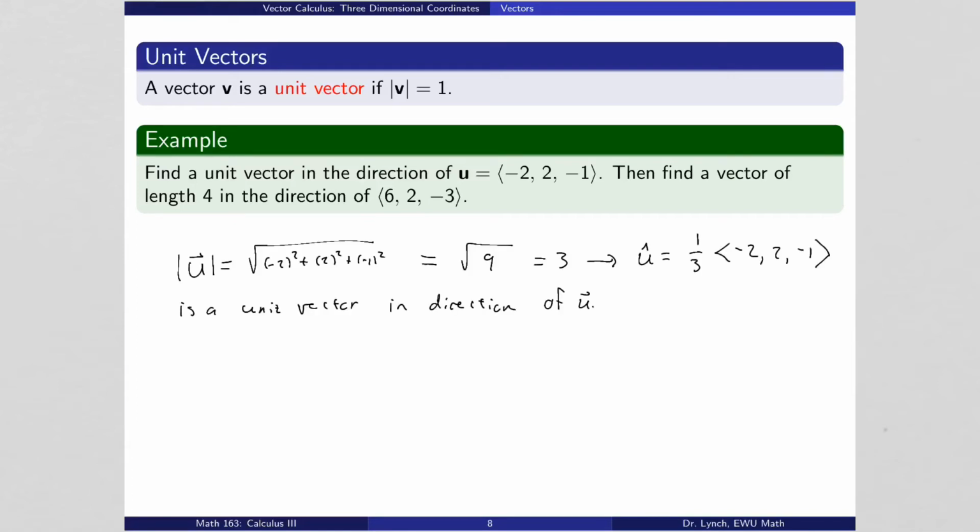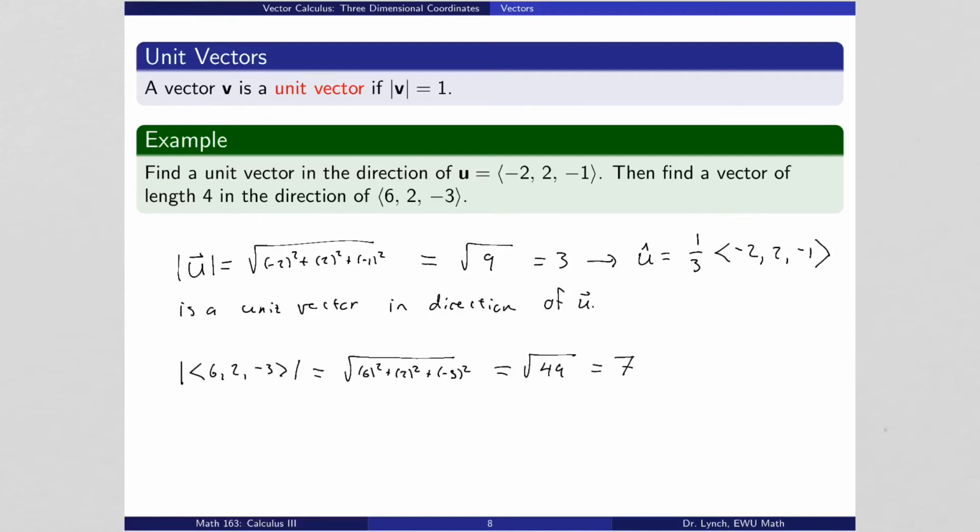So we see that the magnitude of u is 3. So this new vector, 1/3 times (-2, 2, -1), is guaranteed to be a unit vector, and since it's a scalar multiple of the given vector u, it's in the direction of u.